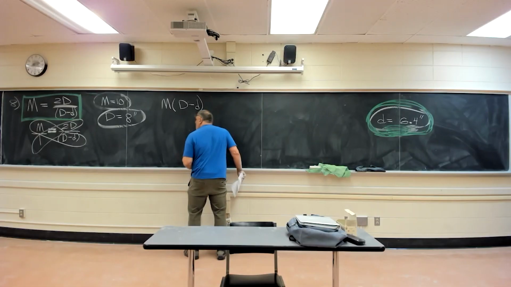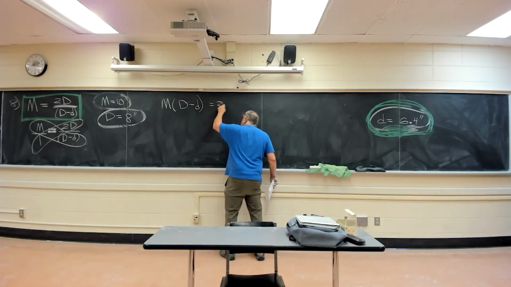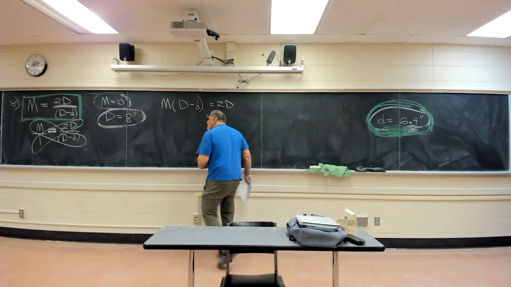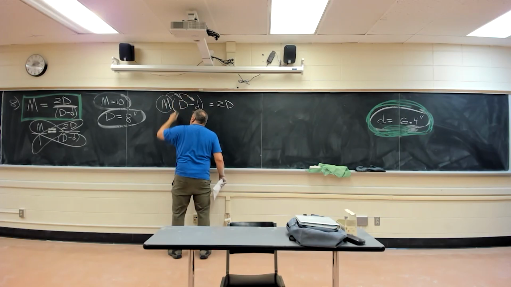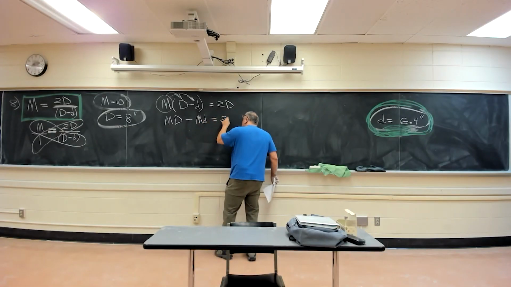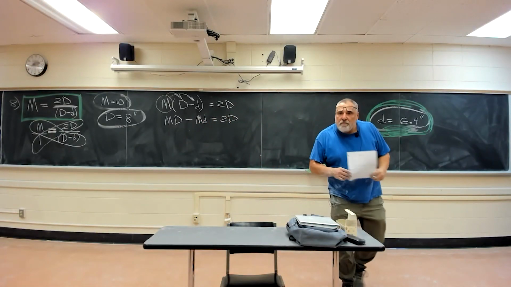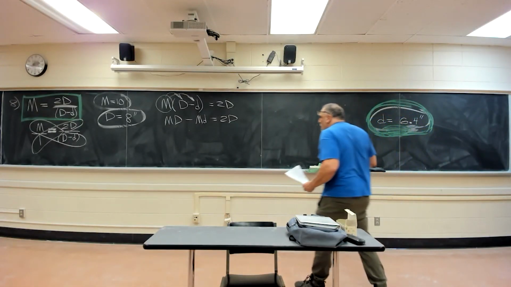Big D minus small d. 1 times big D. Let me distribute that M. Let me see what I can do.